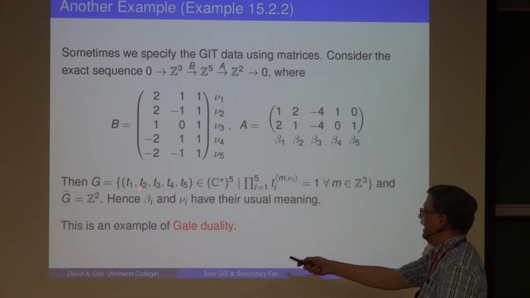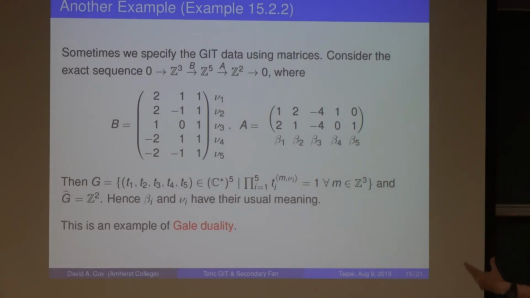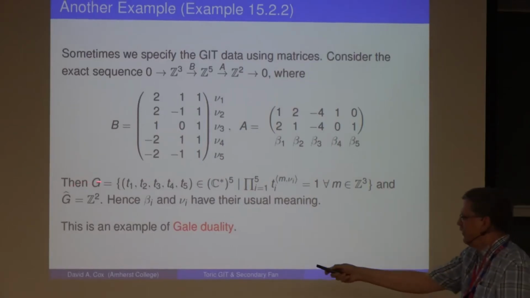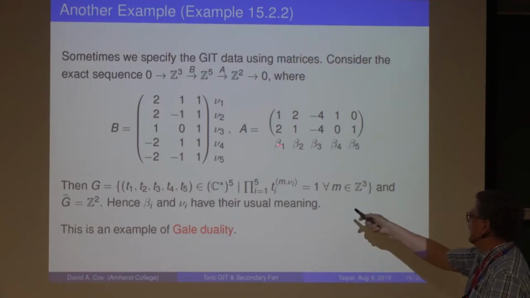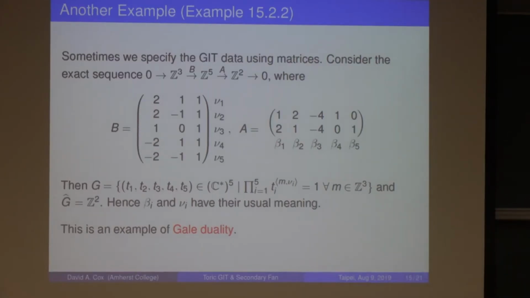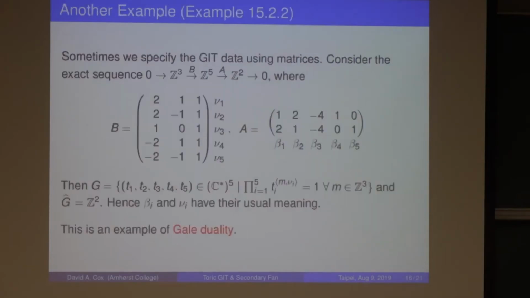So what we get in this one is we really are in the situation we were before. We have the group defined here. This group gives us the nus, that gives us the betas. We're all happy. Now, you can see another amazing picture is lurking here.